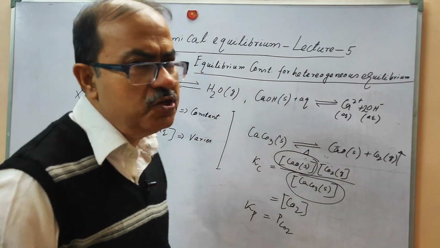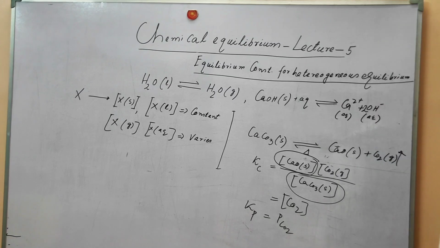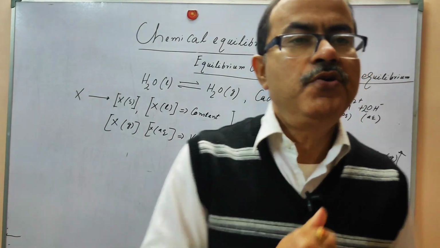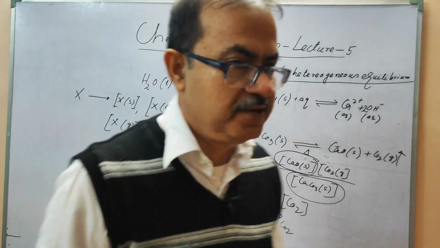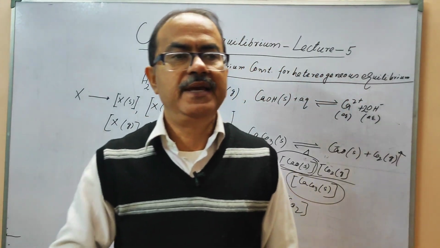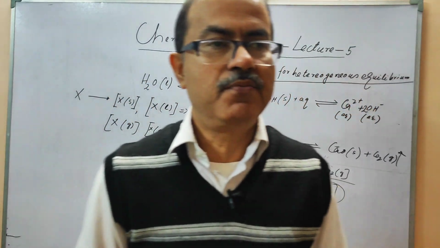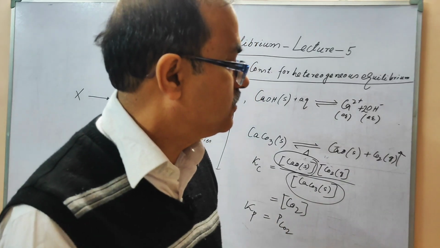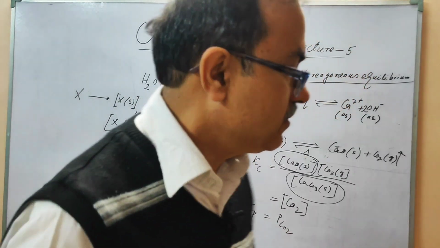So at equilibrium, the carbon dioxide gas at constant pressure is in equilibrium with the solid calcium carbonate and the solid calcium oxide.